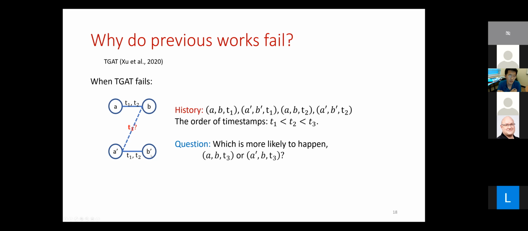Then at T3, if I ask node B whether it would like to have a link with A or with A prime, based on our intuition, B will definitely interact with A, because they know each other in history. They tend to interact with A instead of A prime.